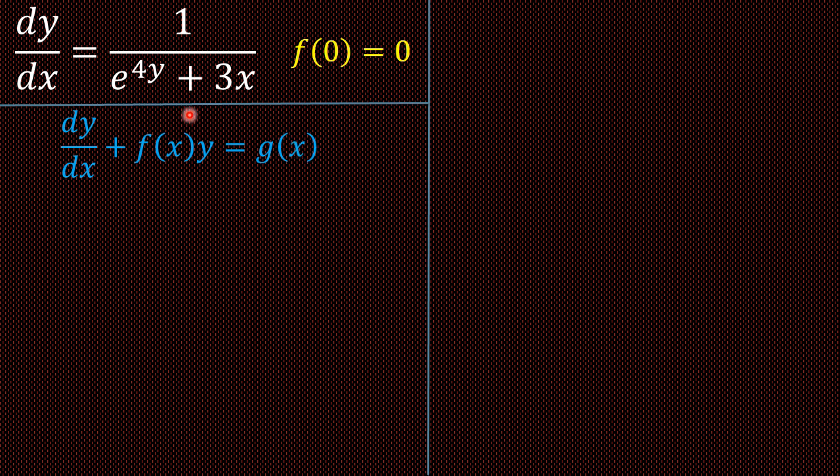According to what we have here, I don't think it is possible for us to get f of x times y, because with this dy/dx in place, it is not possible to take down this y.